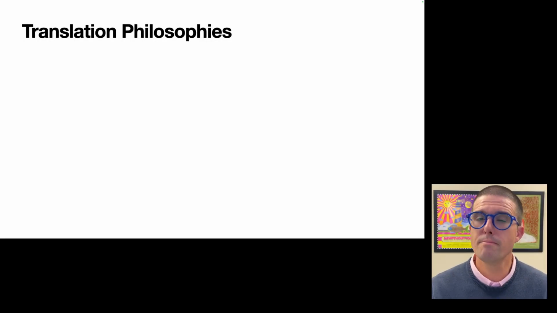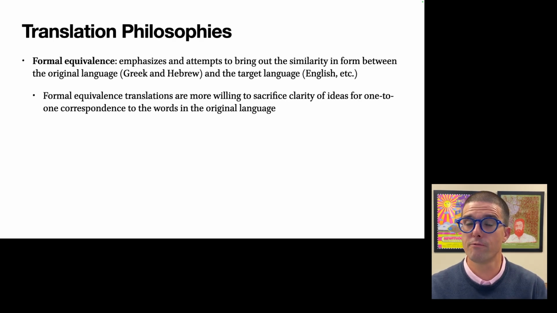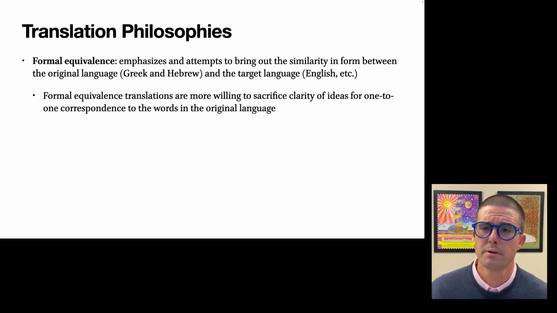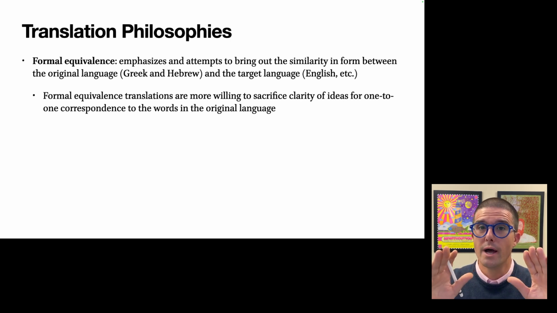There are two main translation philosophies. The first is the more word-for-word philosophy, what is called formal equivalence translations, which really try to bring out the similarity between the original language and the target language in a one-to-one kind of way.